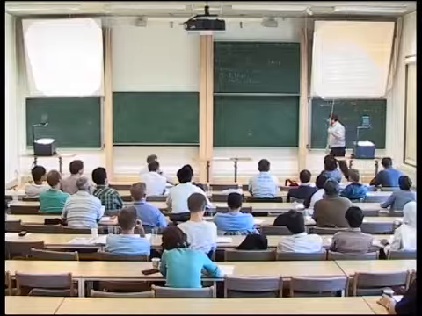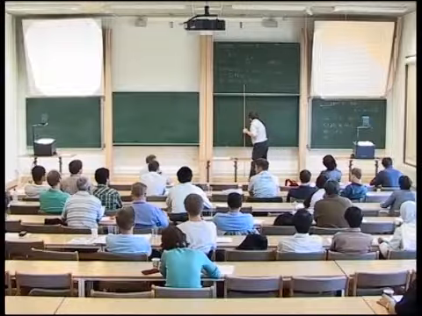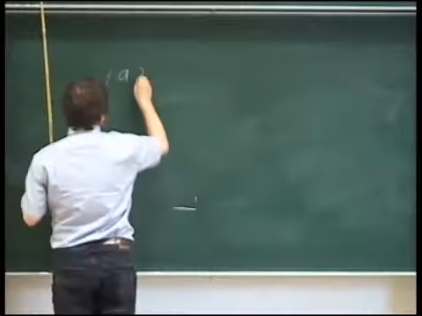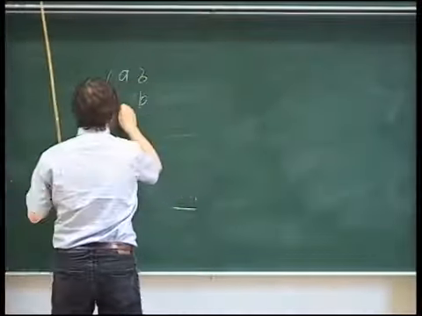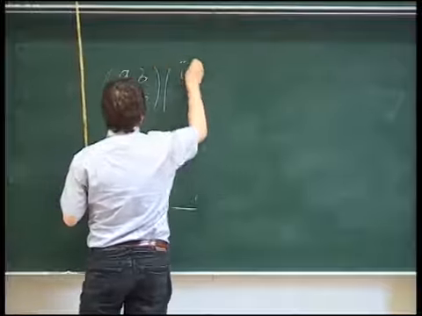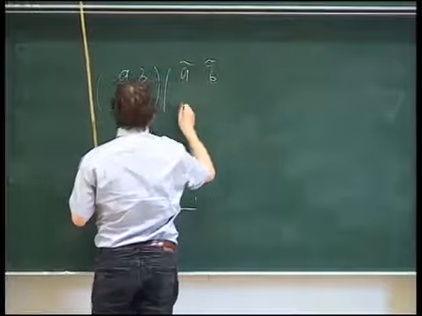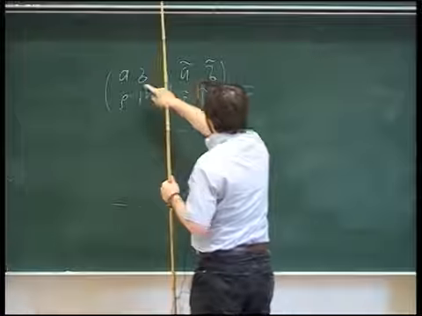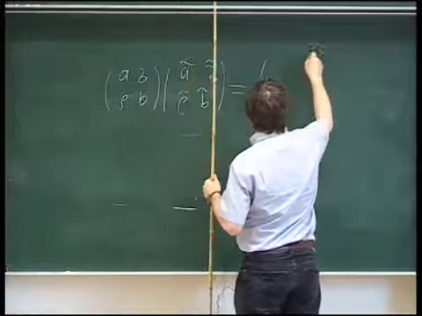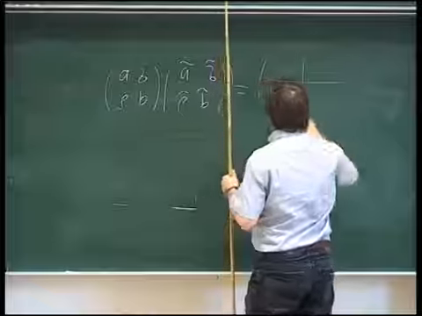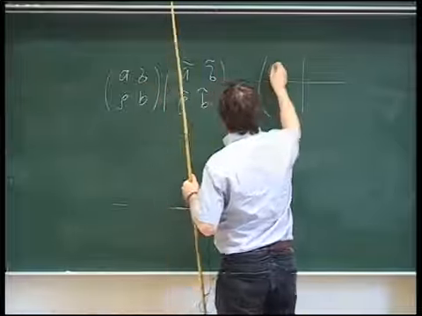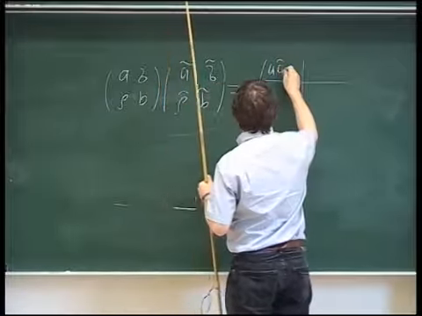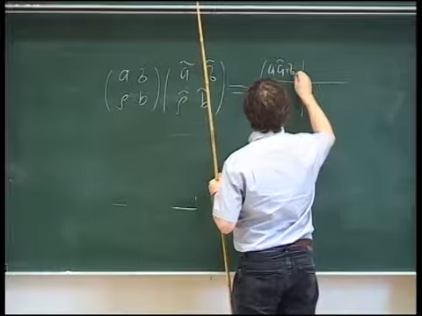Let us try for the simplest possible example. So we have A, B, sigma, rho, times A tilde, sigma tilde, rho tilde, B tilde. So in this block, it will be again A A tilde plus sigma rho tilde.